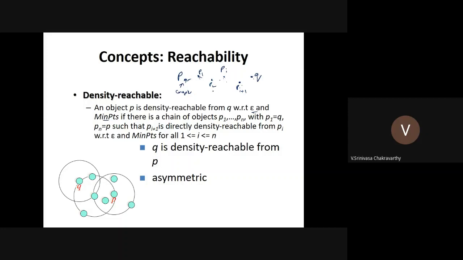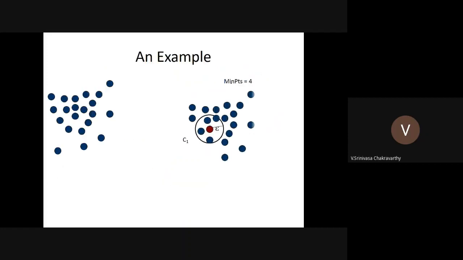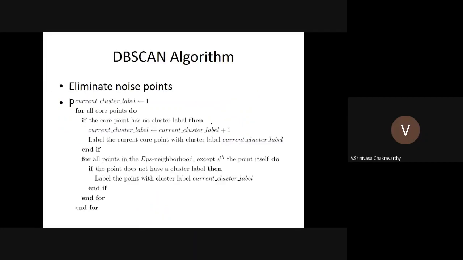That's the concept we are looking at here. By this principle, you can go from P to Q, and this is called reachability. Just an example: I take this point, that's a core point, so all the points within its region will also be put in the same cluster and so on. I'll give you a better example later on.